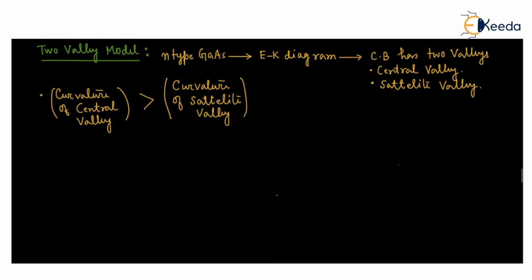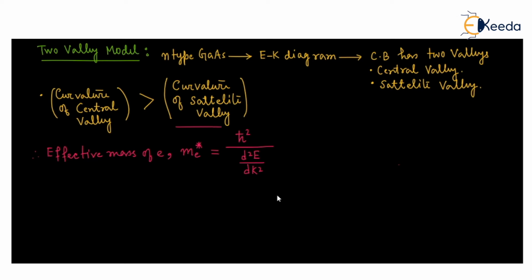Now, we also know that the effective mass of the electron, if we denote it as m e star, depends on this equation: h bar square divided by d2E by dk square.